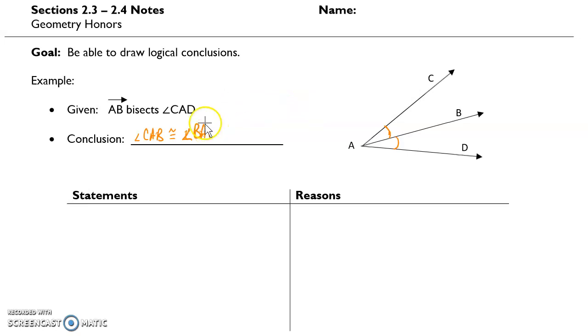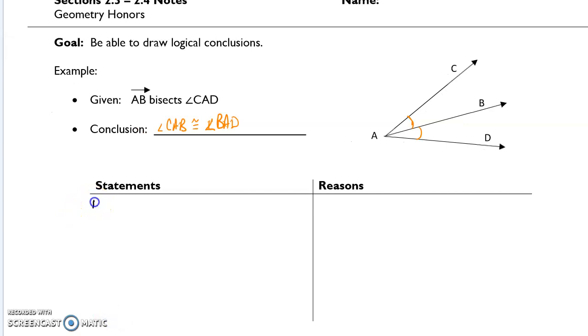And I can write it all out a little bit neater right here. That's the specific conclusion. Essentially, this is what the statements section in our two-column proof is going to look like, where we first state that ray AB bisects angle CAD, and the reason for that is that it was given.